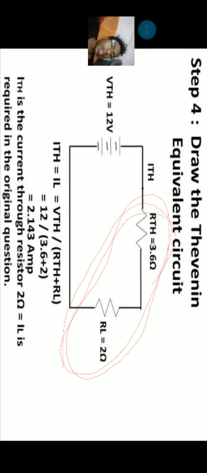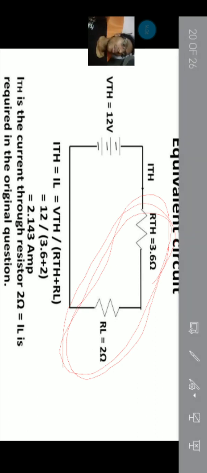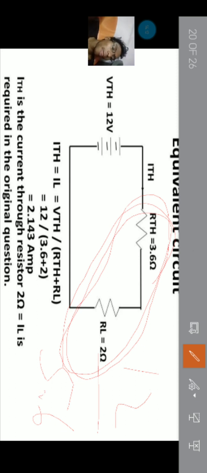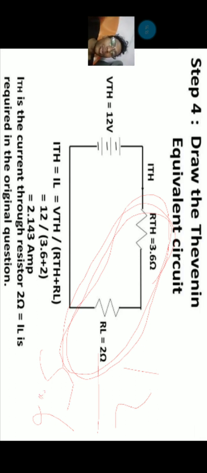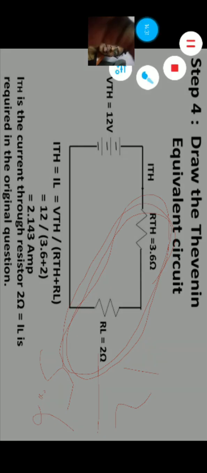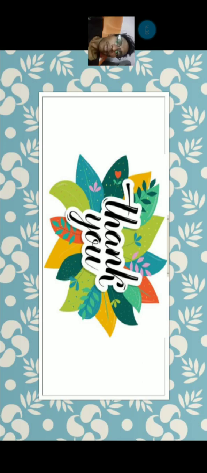So 12 divided by 5.6 gives 2.143 amperes, where current is measured in amperes. Like this we can find the RThevenin. Okay, thank you, have a nice day.